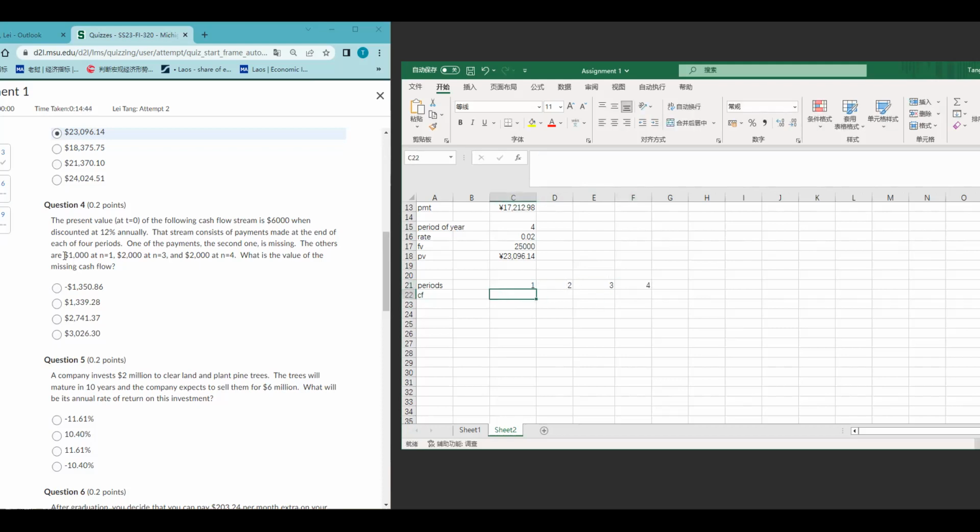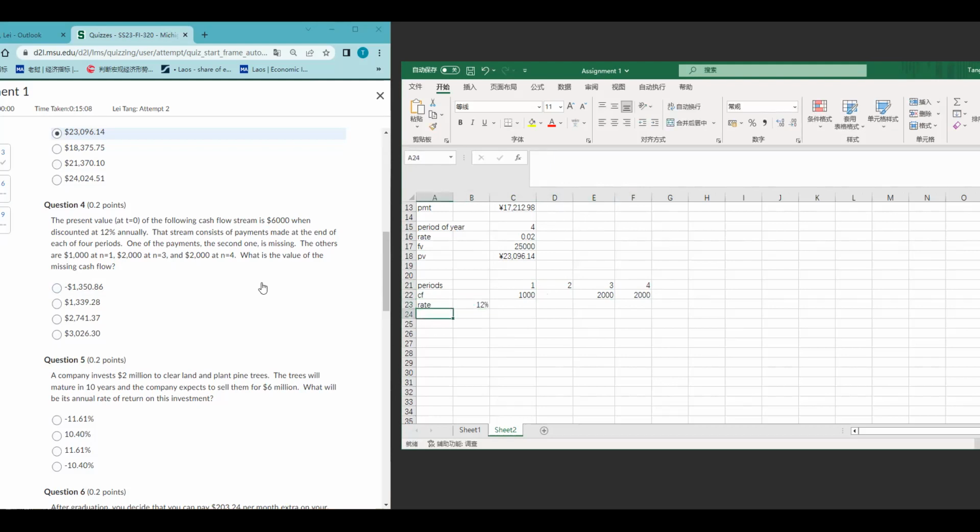The cash flow is 1,000. The second one is missing. The third one is 2,000. And the fourth one is the same, 2,000. Also, we know the rate is 12% annually.